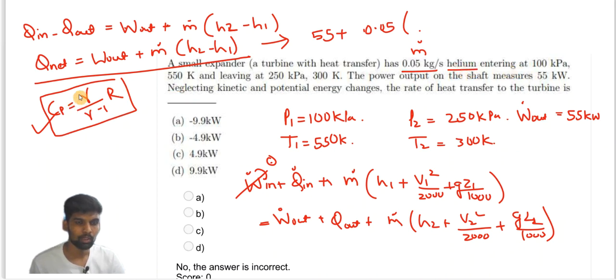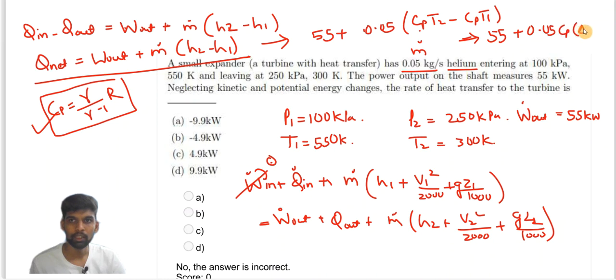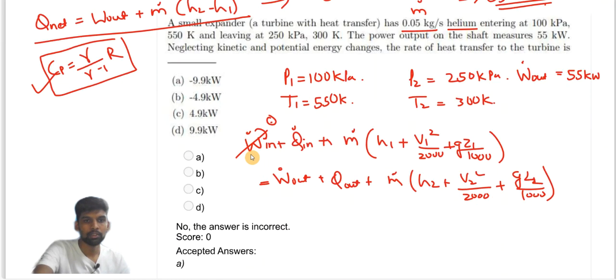After putting in all these values, we will get Cp for helium, and H2 minus H1 is nothing but Cp (T2 minus T1). So it will be 55 plus 0.05 Cp delta T. From here you will get the answer as A.